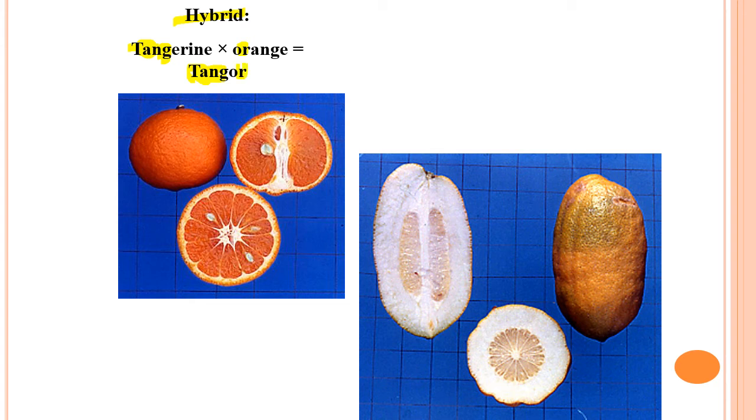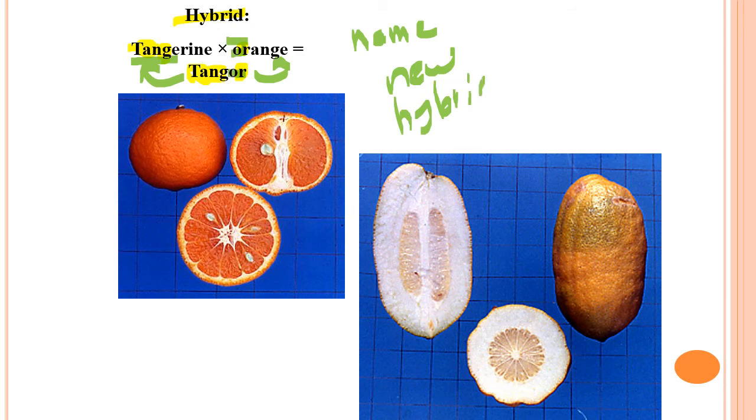Here they took or. So this new plant is now a hybrid. We already know it's a hybrid between tangerine and orange. Why? Because tang came from tangerine and or came from orange. So that is how we name new hybrids. If you ever create a plant, it's going to be named like that.